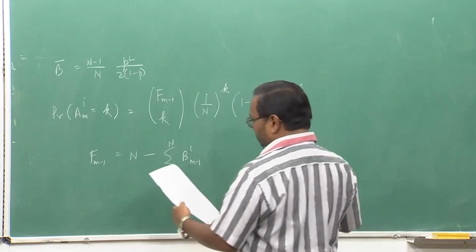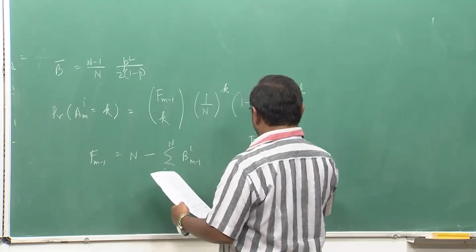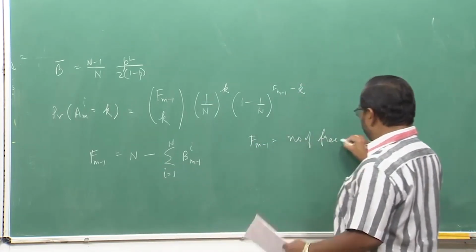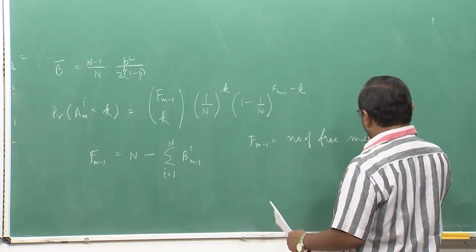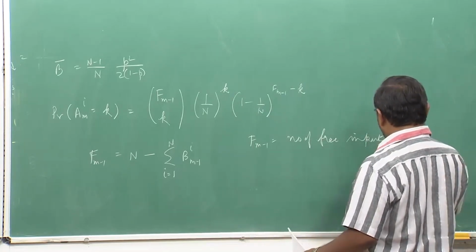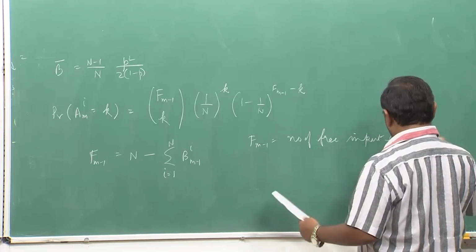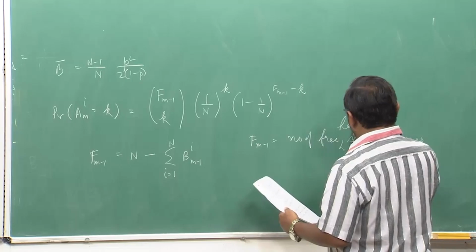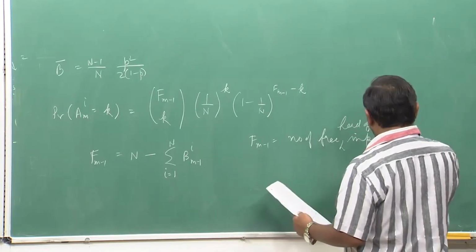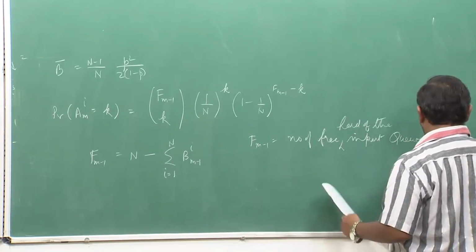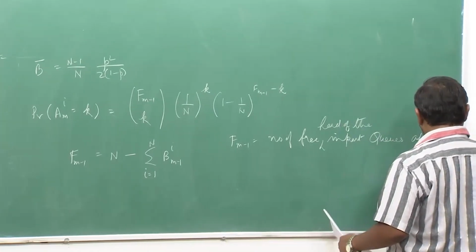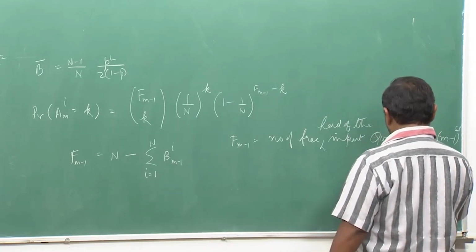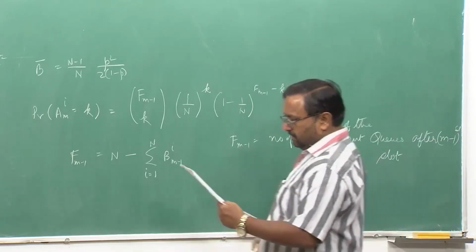So Fm minus 1 can now be formally written as the number of head of the input queues after the m minus first slot.